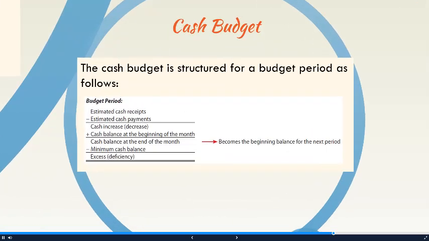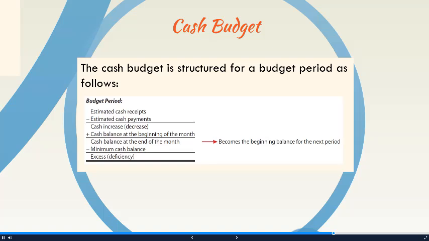After we've completed the cash receipts schedule and the cash payment schedule, we can finally build our cash budget. In our cash budget, we take our estimated cash receipts, we subtract our cash payments, and this will show us our increase or decrease in cash for the period. Then we would add our beginning balance from the month for the cash.